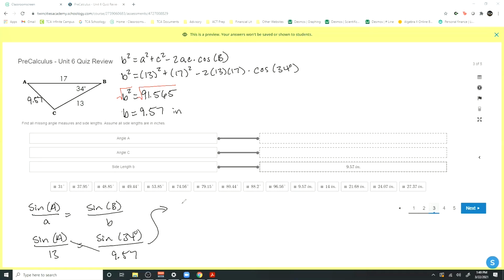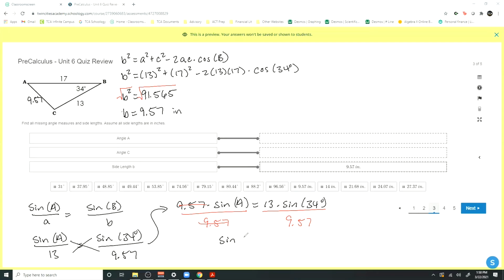Cross multiply. 9.57 times the sine of angle A is equal to 13 times the sine of 34 degrees. Divide both sides by 9.57 to get the sine of A alone.